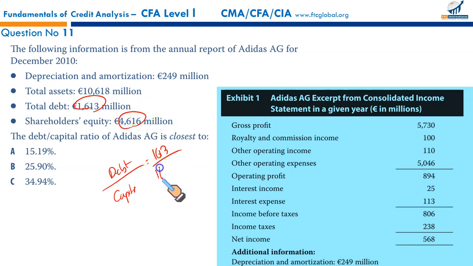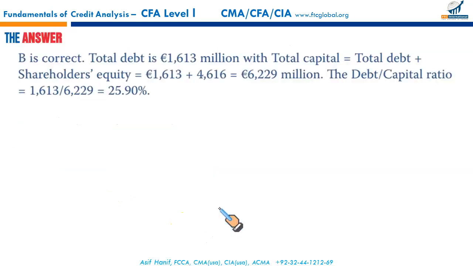Adding these two, 1613 plus 4616 million, gives you 1613 upon 6229, and it would be approximately 25.90%. That makes B our correct option. Next.